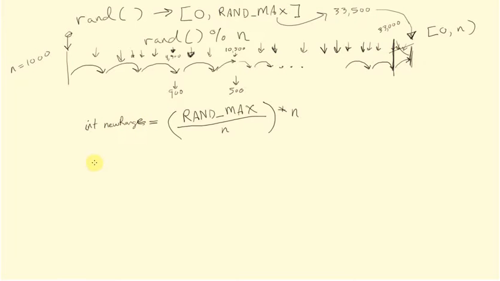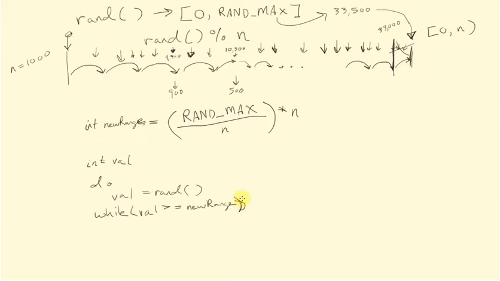And then we're going to set up an int val that we're going to pass into a do loop, and we're going to say do val equals rand while val is greater than or equal to new range.